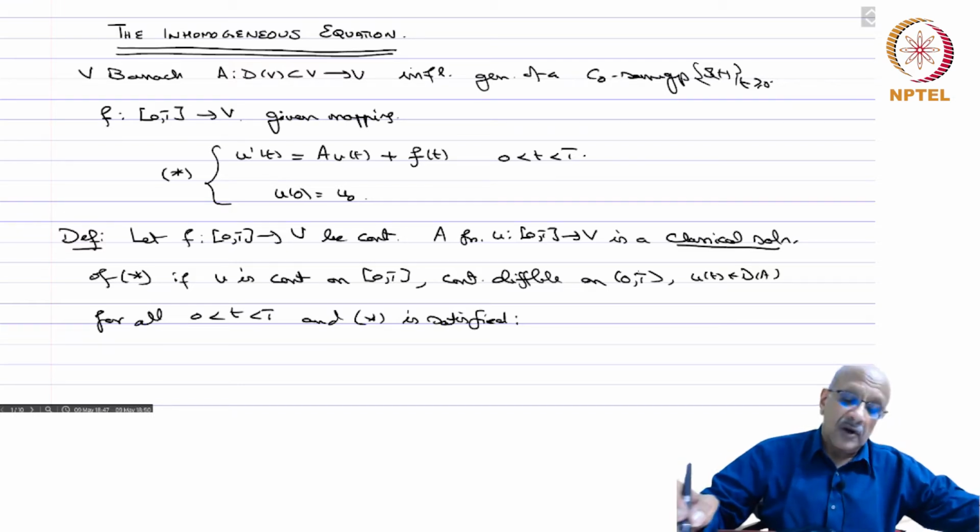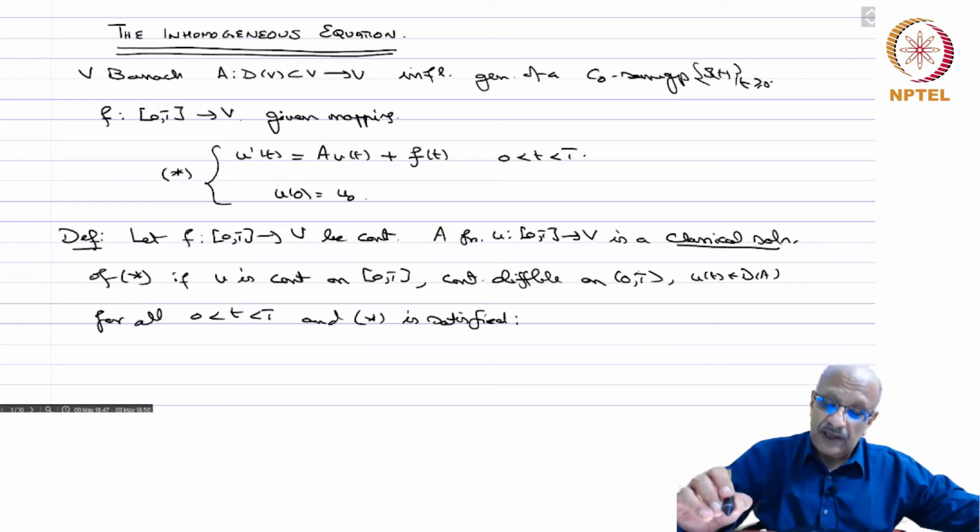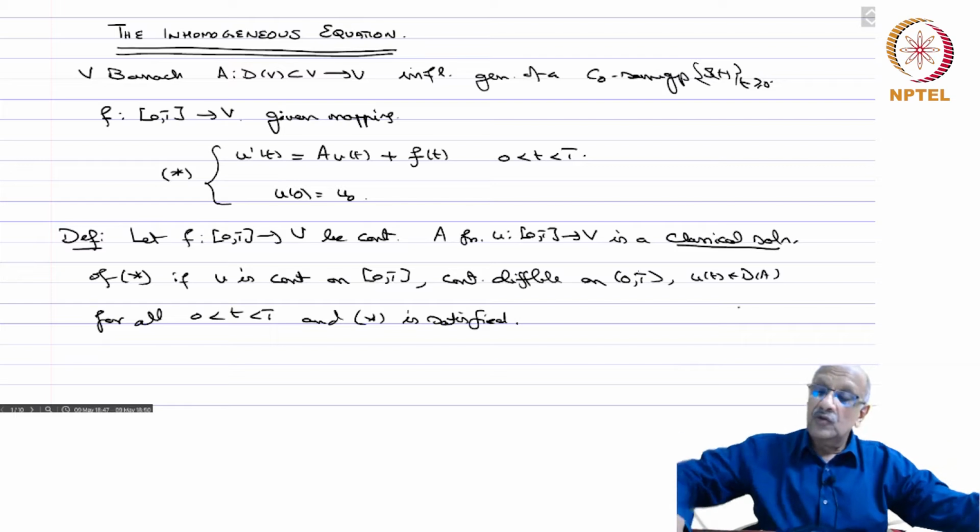Okay, so this is called a classical solution. That means everything is fine and you can solve the equation exactly.